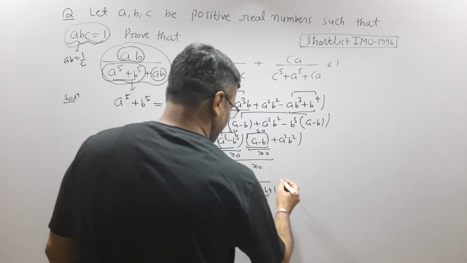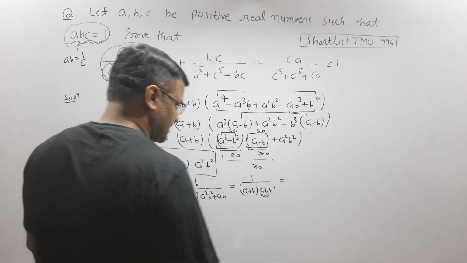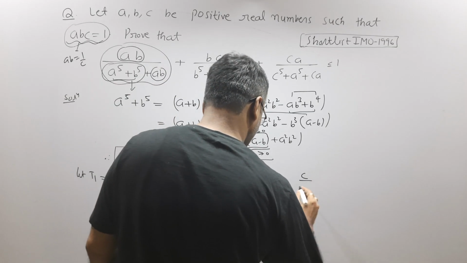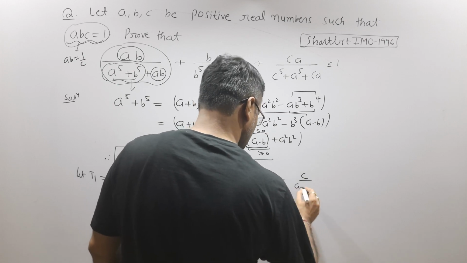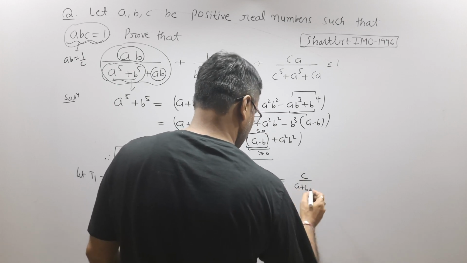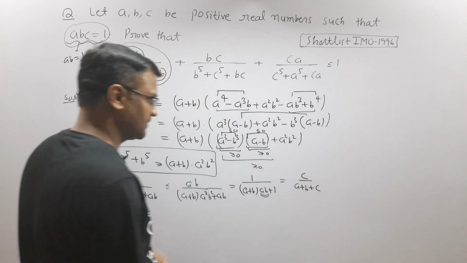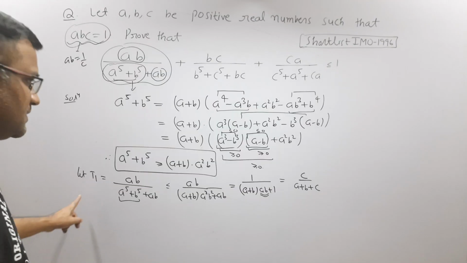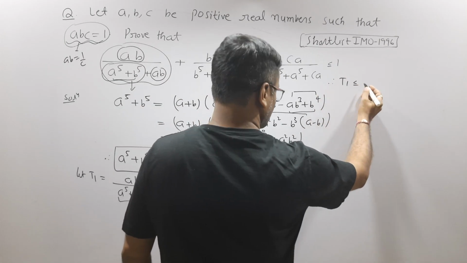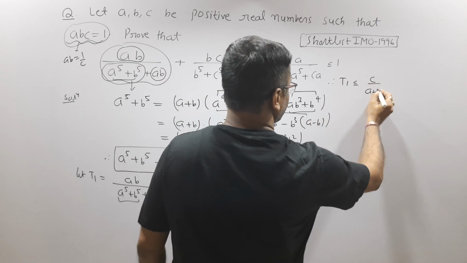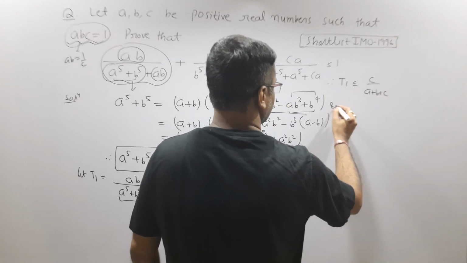So if we substitute the value of ab here, after taking LCM, this becomes c upon a plus b plus c. So the first term T1 is less than or equal to c upon a plus b plus c.